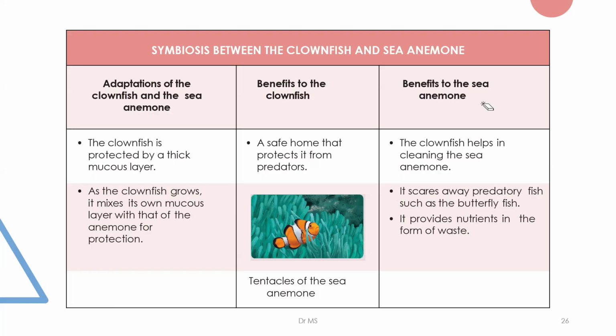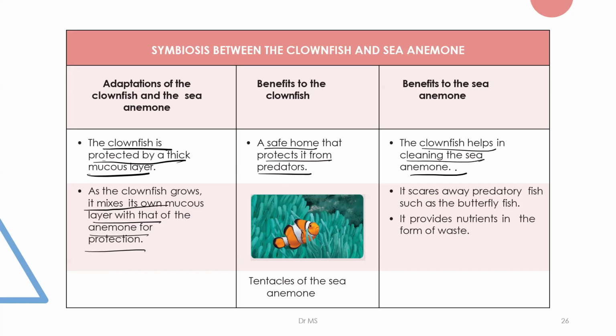First, the clownfish is protected by the thick mucus layer. As the clownfish grows, it mixes its own mucus layer with that of the anemone for protection. So the benefit for the clownfish is it will have a safe home that protects it from predators. Whereas for the sea anemone, the clownfish helps in cleaning the sea anemone.